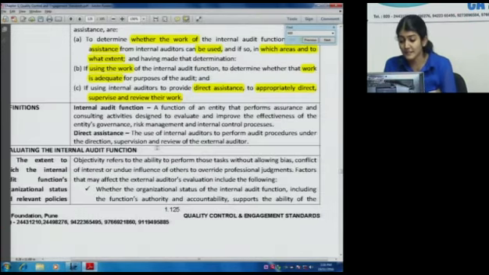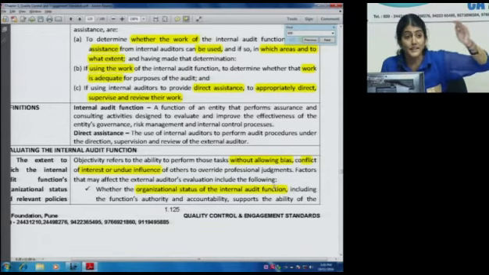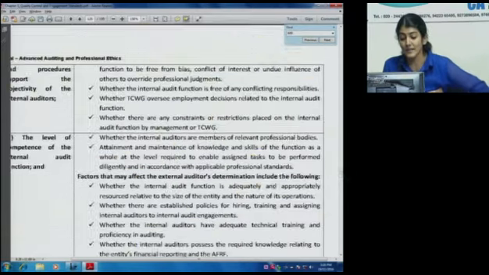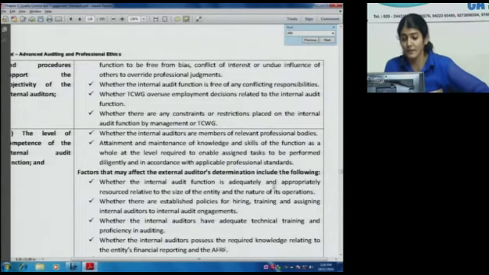Objectivity refers to the ability to perform those tasks without allowing bias, conflict of interest or undue influence of others to override judgment. So what should the auditor check? The organizational status of the internal audit function, so that they are free from bias, conflict of interest.